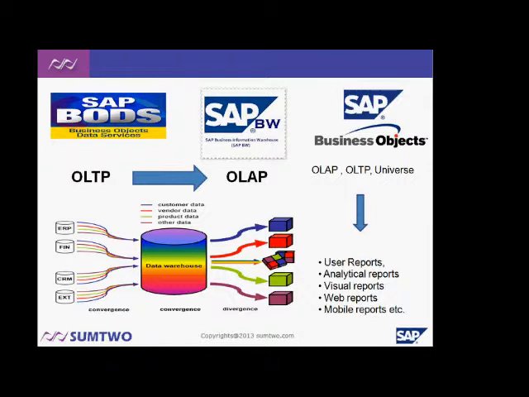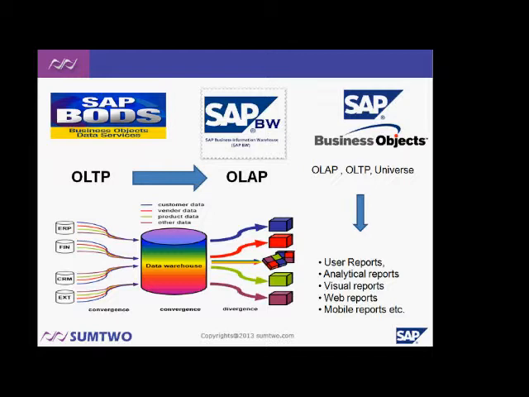So the whole purpose of BI, to put it in very simple terms, is to convert the OLTP data into the form of OLAP data, cubes and DSOs, DataStore objects, so that we can do the analysis of the data more easily.